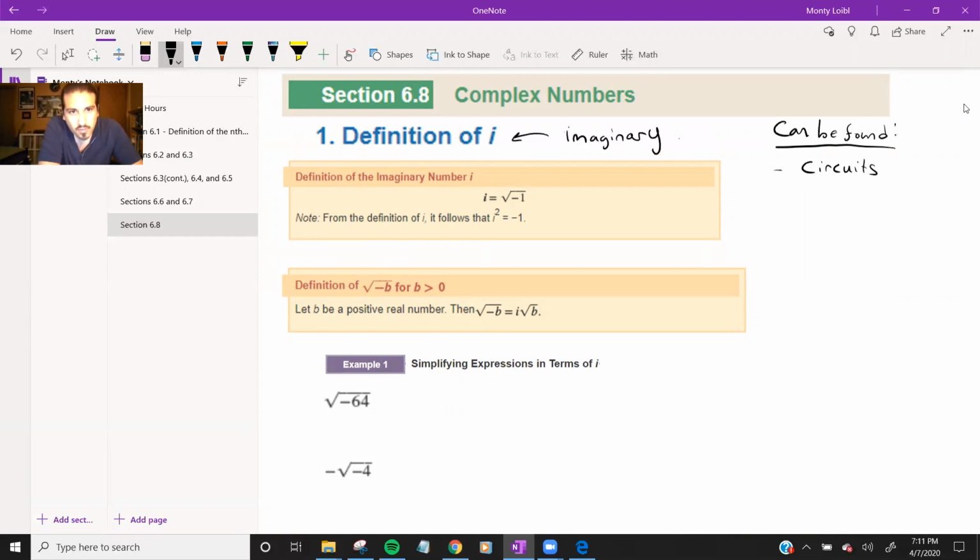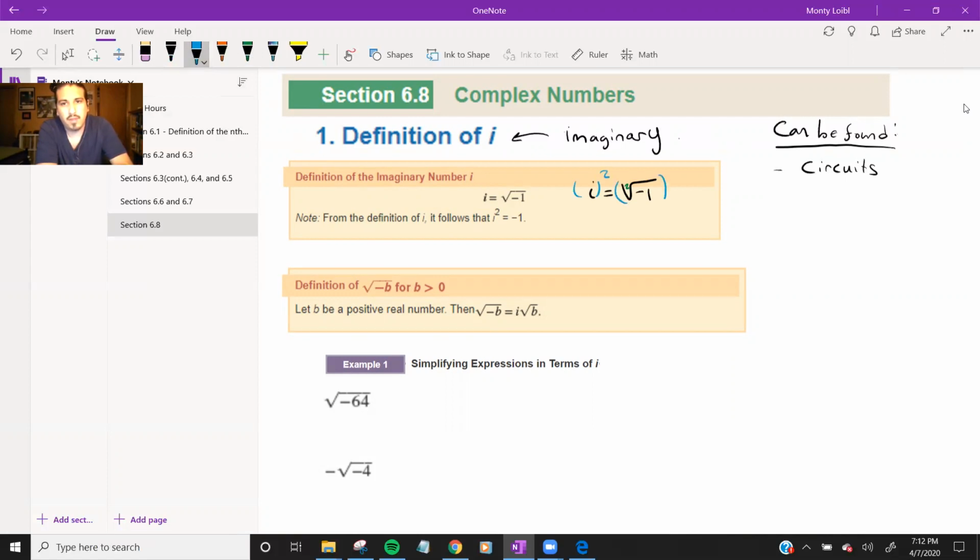Okay, so first things first, let's define what the imaginary number is. So here it's saying i is equal to the square root of -1. Just like before, we dealt with this yesterday. If I wanted to get rid of the square root, remember that means there's an index of 2 here, which means what I could do is square both sides.